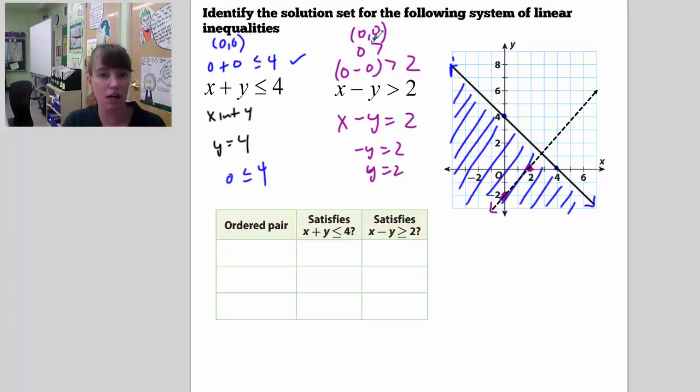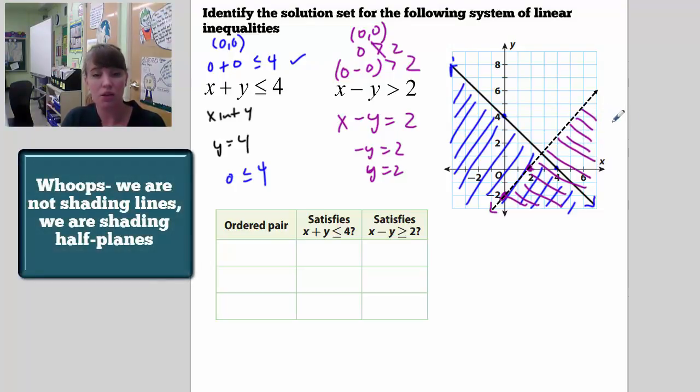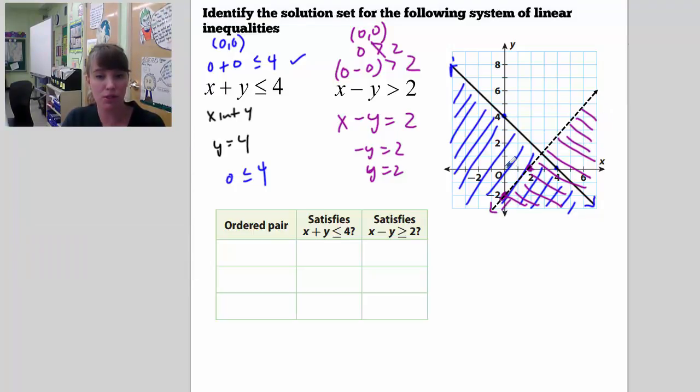So 0 is not greater than 2, that's not true. So we're actually going to shade this line in an area that does not include 0, 0. So don't get confused with the other line that we just shaded. We're shading below the dashed boundary line, so that we don't include the point 0, 0, because it did not make the inequality true.